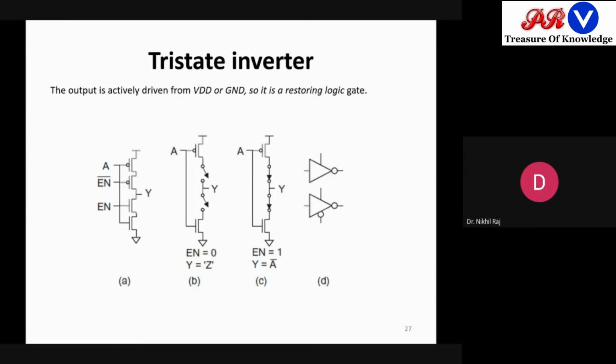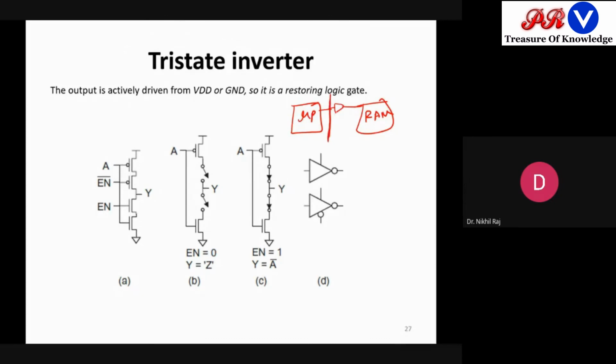Okay, so if you ask about the application part, let's say it is a microprocessor unit and this is a RAM. Now the microprocessor wants to send data to the RAM. So in between, a simple buffer is used.